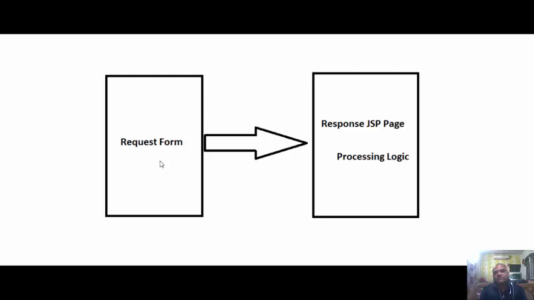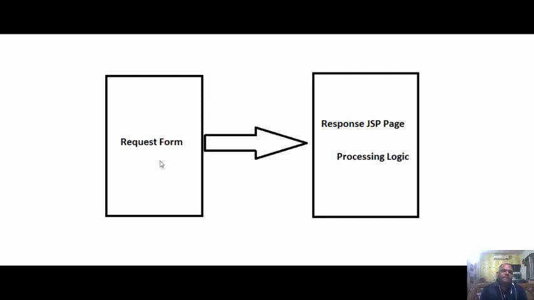The first step the JSP page has to do is accept the data, or read the data from the request form, and after that the server side Java code will process that data and develop the response on that particular data.